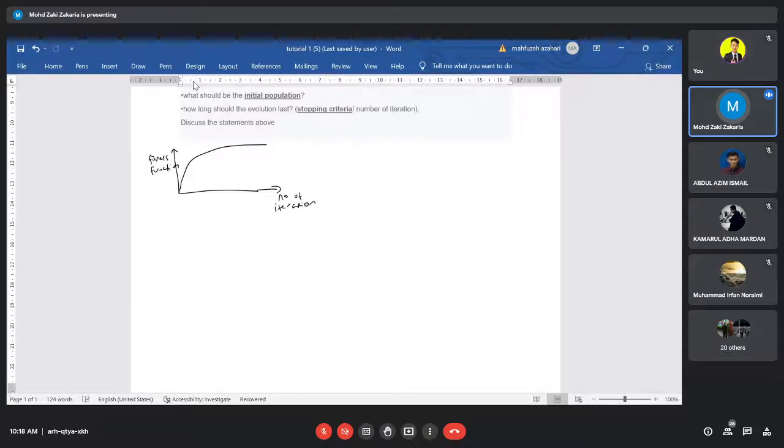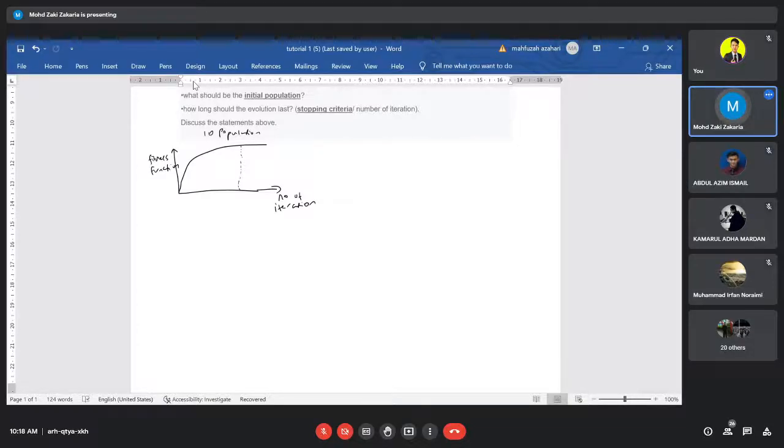So maybe this one we set at population size equal to 10. For this case, the convergent point is at this point. Convergent point means the value does not increase anymore; the fitness function is just static.